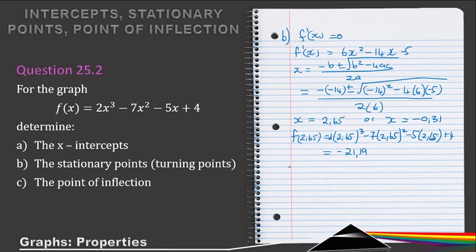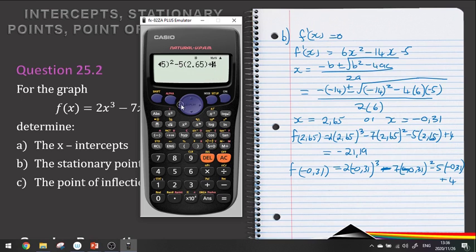Right. For the other coordinates, we have negative 0.31, and I substitute that in. 2 times negative 0.31 cubed, not plus, minus 7 times negative 0.31 squared minus 5 times negative 0.31 plus 4. Okay, so this time I just have to replace it and type everything over.